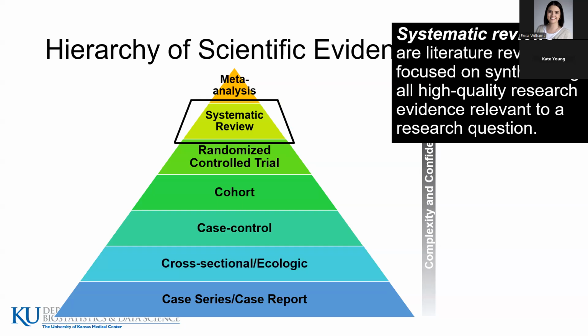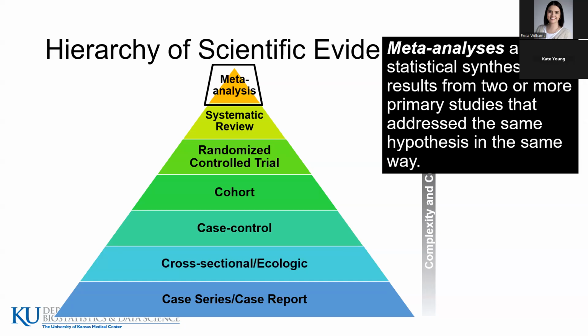So systemic reviews are literature reviews that are focused on synthesizing all high-quality research evidence relevant to the research question. And then meta-analyses are statistical syntheses of results from 2 or more primary studies that address the same hypothesis in the same way.